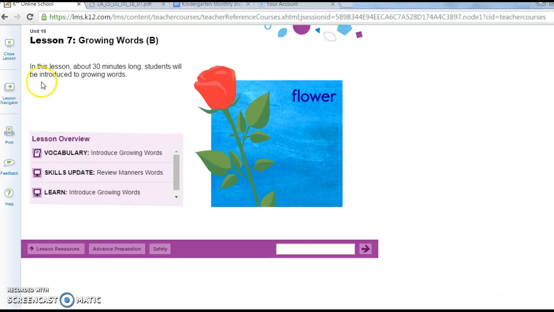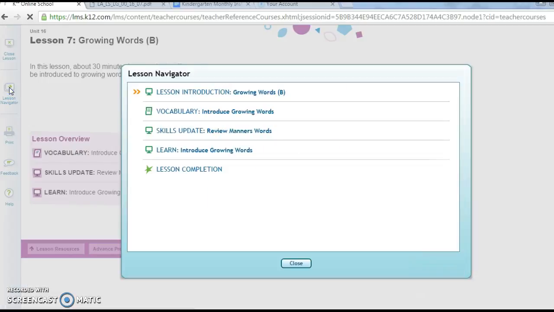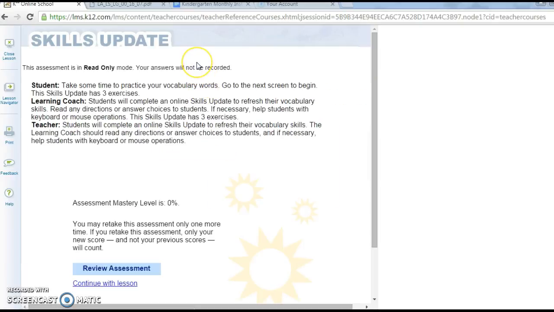Now, the first thing you will do is you will click on the left side on Lesson Navigator. We have completed the vocabulary activity offline, so you can click on Skills Update, Review Manner Words. Please have your student complete the Skills Update and Review Manner Words. You can pause this recording as your student completes this activity.